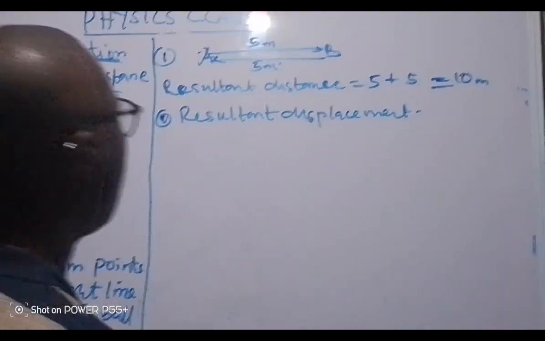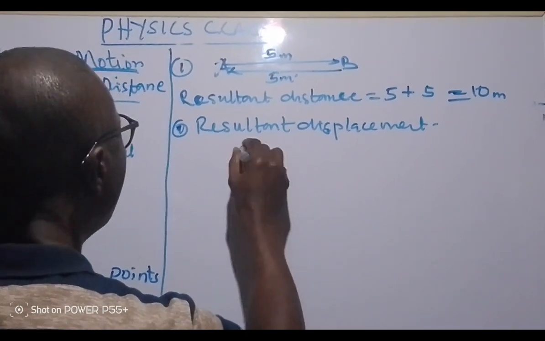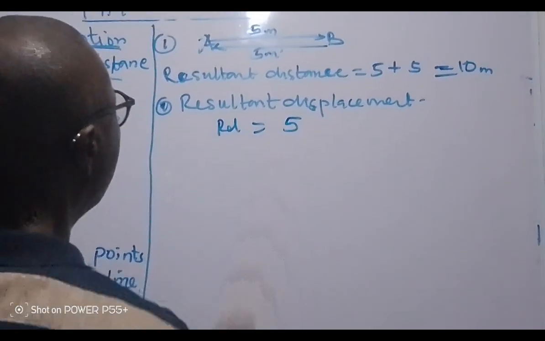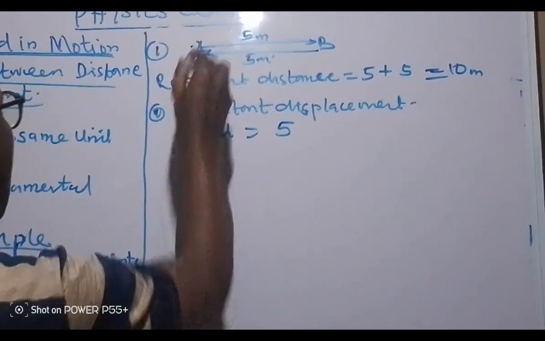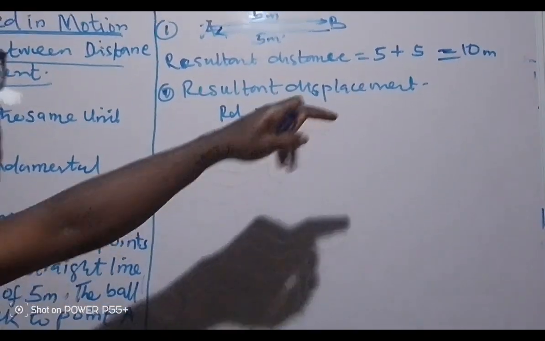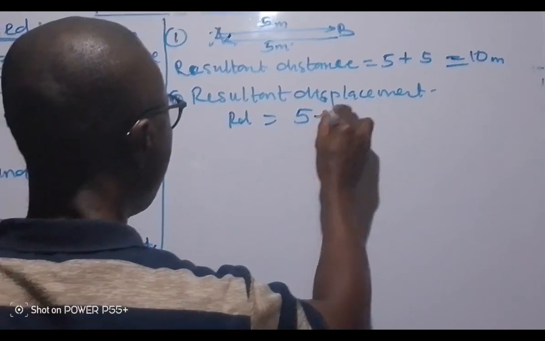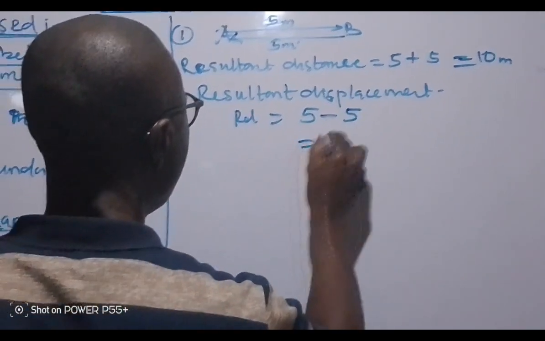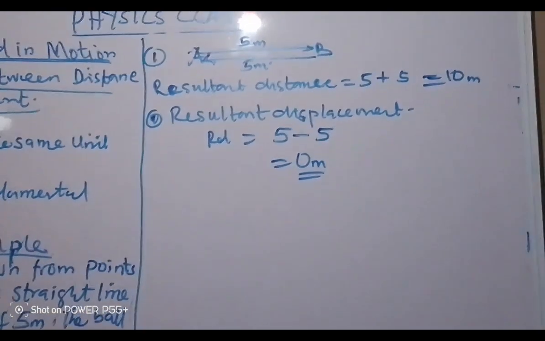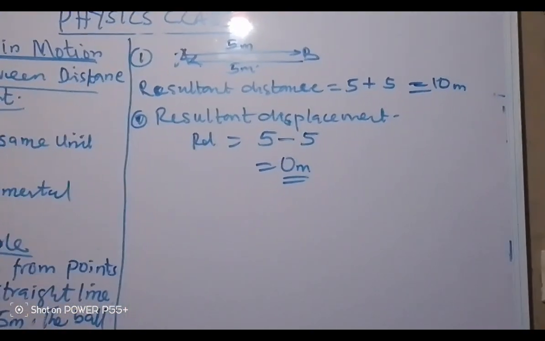Direction matters for a vector. So 5 meter to B, then 5 meter in the opposite direction back to A. Since they move in opposite direction, that's 5 minus 5. The answer will be 0 meter for resultant displacement. From here now you can see the difference as we said.